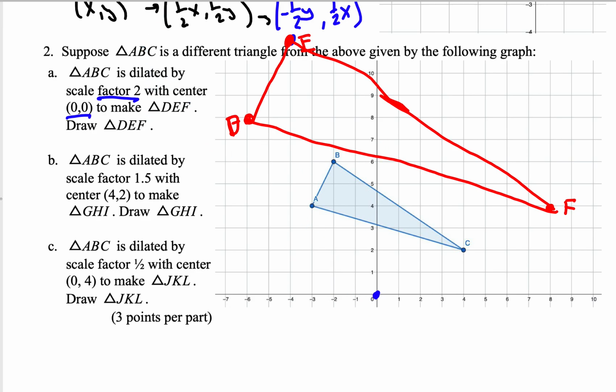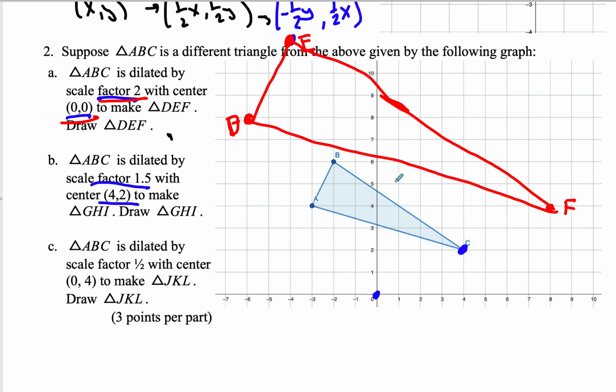All right, the second one, and let's just do this one red because we decided to do red. So I'll do the next one blue. Okay, here's blue. Now it's dilated by a scale factor 1.5 from center C, which is 4, 2. So here's 4, 2. And now I need to scale it by 1.5.